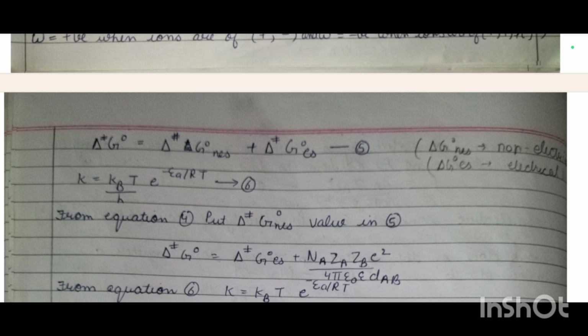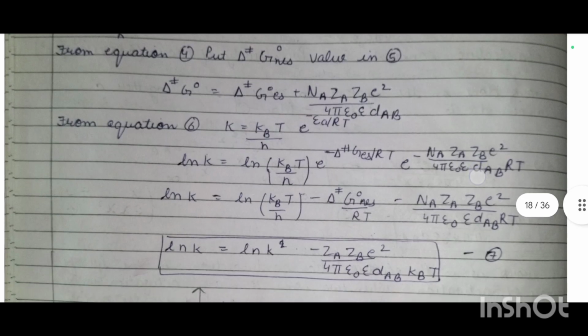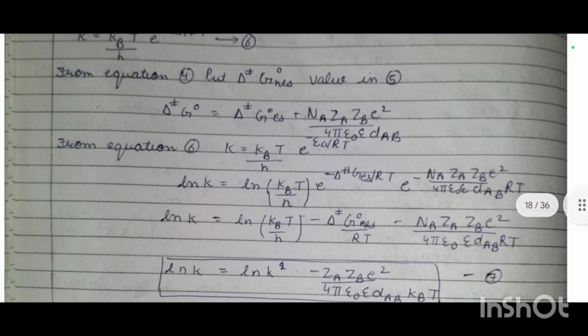by h. From the equation, put the value of delta star G for the electrolyte. Delta star G naught is equal to delta star G non-electrical plus N A ZA ZB e square divided by 4 pi epsilon naught epsilon dAB.